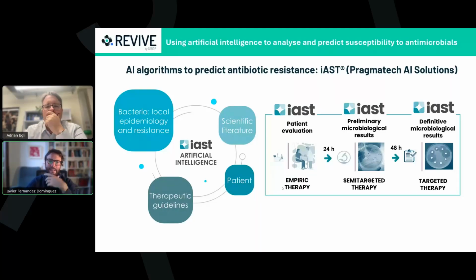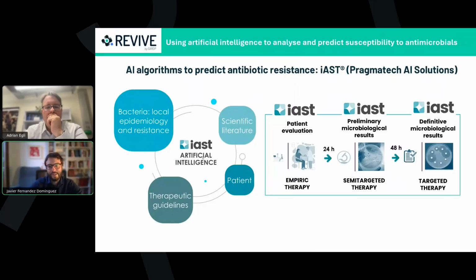What we did was integrate data from scientific literature. Over a long time, we have created our databases with data on phenotypic antimicrobial resistance of different pathogens from scientific literature. So we have a very big database with information about resistance from public databases and scientific literature.